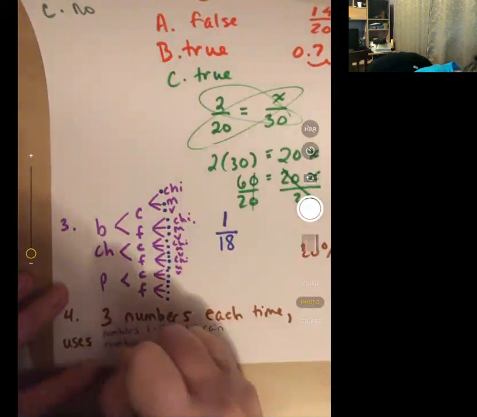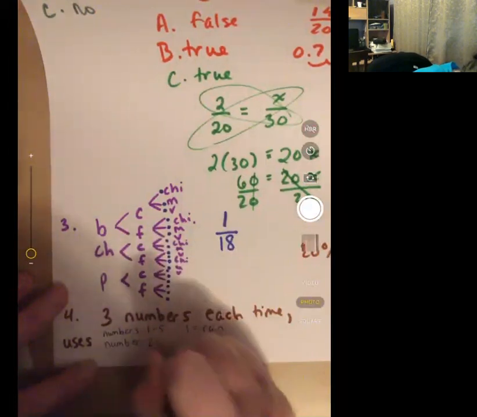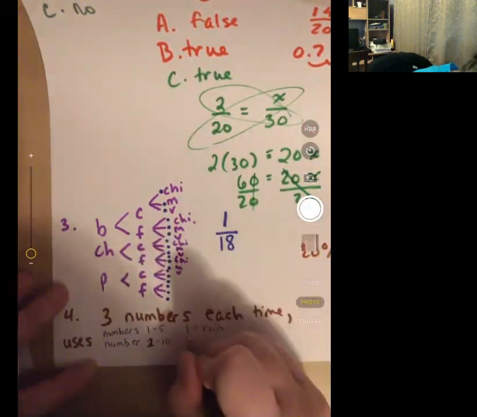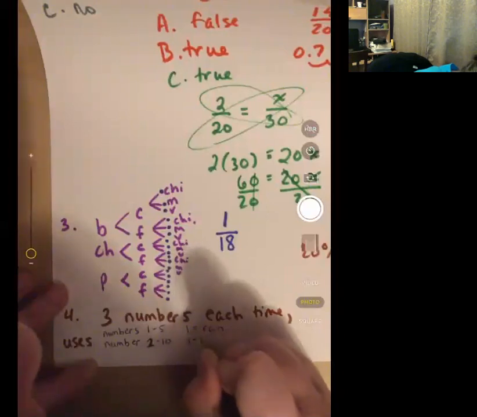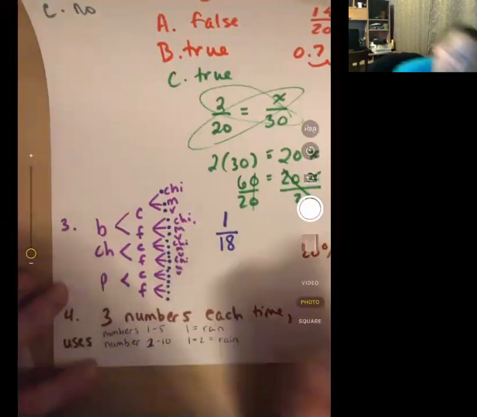Numbers 1 through 10, 1 and 2 equals rain.